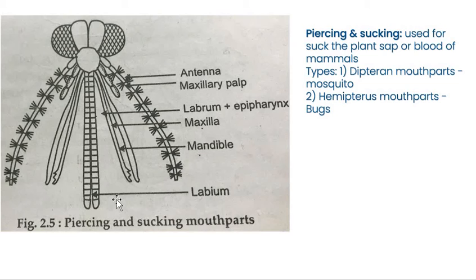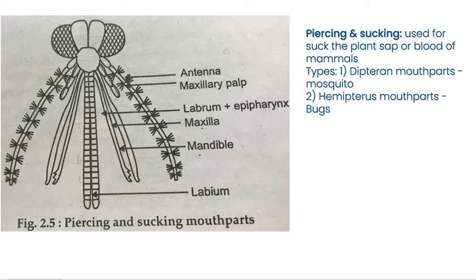Such piercing and sucking mouthparts have two subtypes: dipteran mouthparts, seen particularly in mosquitoes, and hemipterous mouthparts, seen particularly in bugs. First, the dipteran mouthparts in mosquito. Here the labium forms an elongated, fleshy, mid-dorsally grooved protective tube, or proboscis.